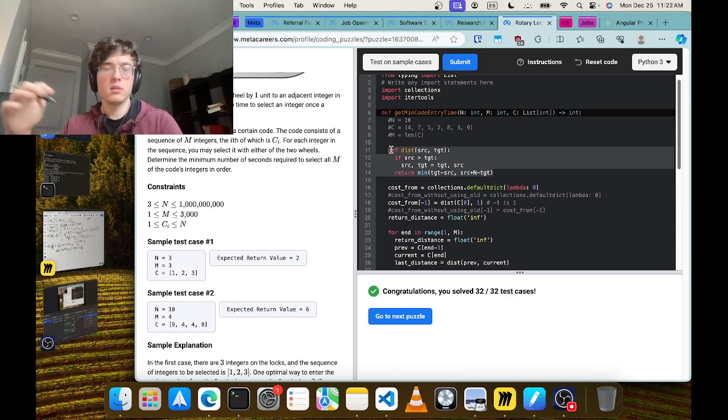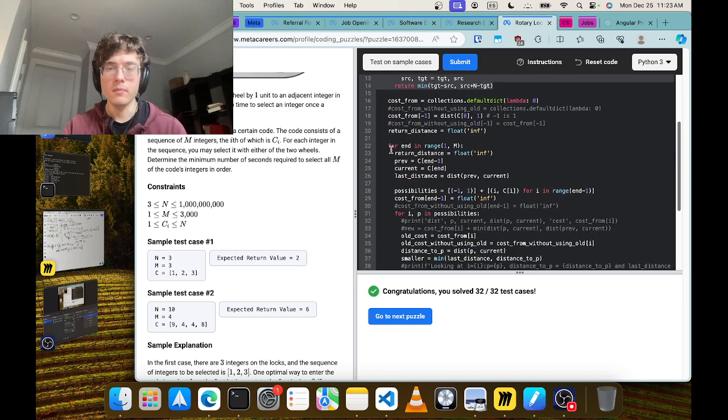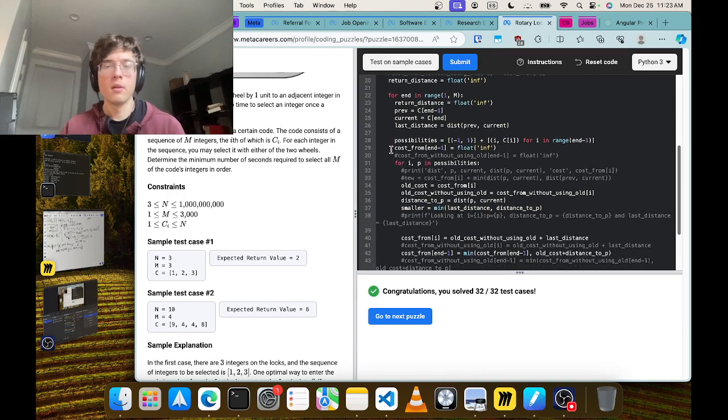Not only do we need to measure the distance from target to source, but also if we go the other way on the lock. Either distance works for us, and we need to consider only the minimum distance. So that's it.